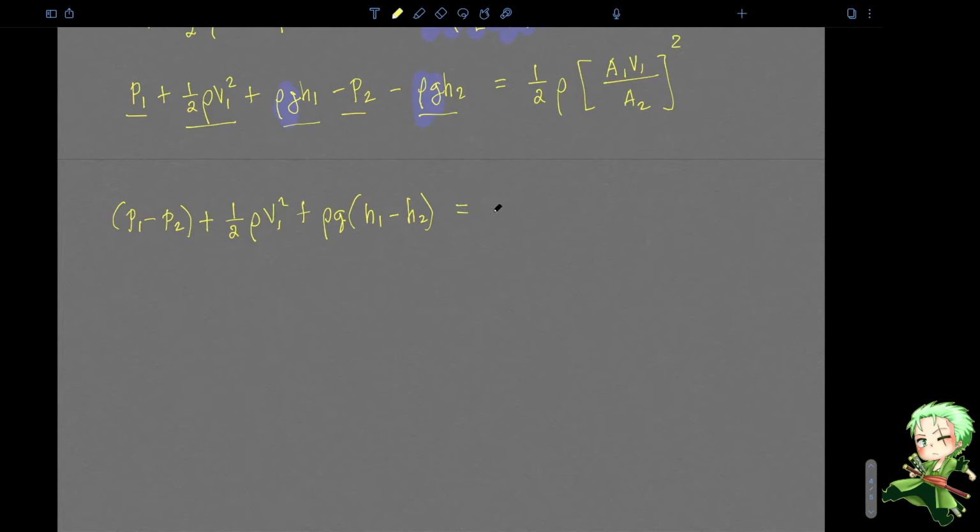This is equal to 1 half rho. I will just distribute the square, so I will have A1 squared V1 squared all over A2 squared.